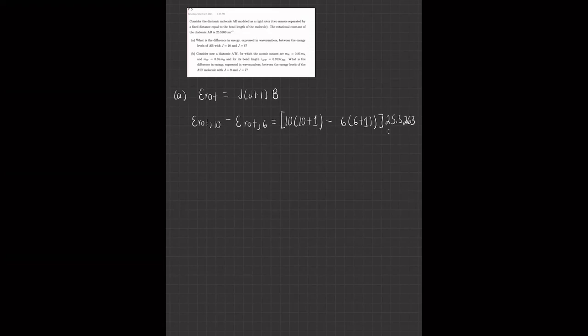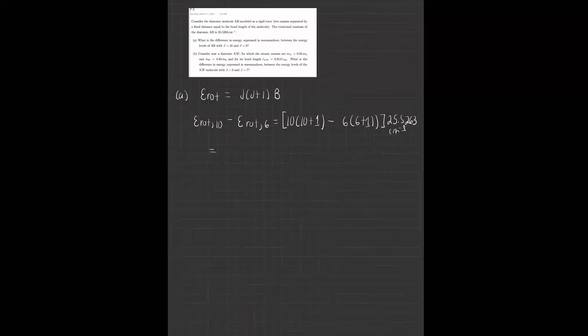B is 25.5263 centimeters to the minus 1. Let's get out the calculator. Plus 1, 25.5263. There, that's good.